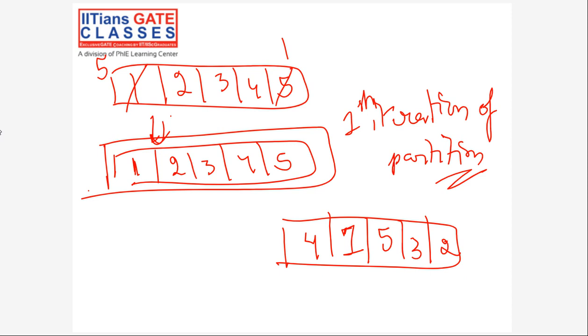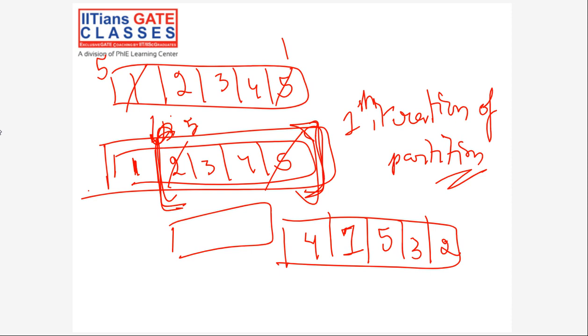Okay, so what has happened after one iteration is we apply the partition algorithm again on this part. Again you swap this and this, so this becomes 5 and 2, and then again you will get 2, 3, 4 and 5.